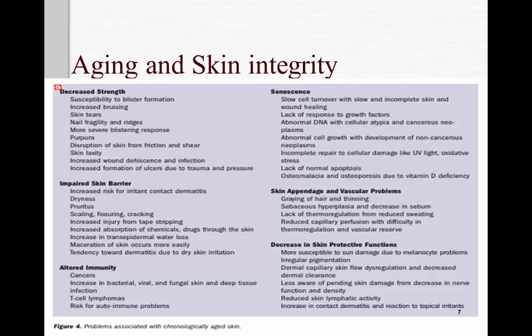In addition, there's a decrease in skin protective functions as well. Patients are more susceptible to sun damage and irregular pigmentation, and they're less aware of pending skin damage. So many times they have a trauma or a laceration of the skin and they realize it once they're already bleeding, or someone tells them that they just suffered a contusion or skin tear.